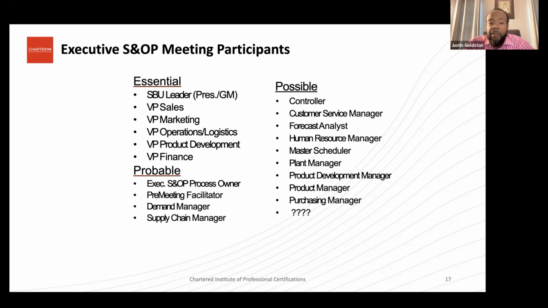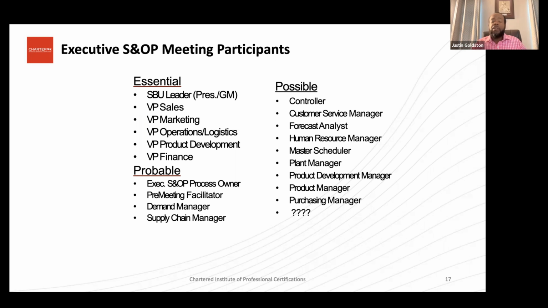For example, we have the demand planner and supply chain planner as probable, but for a small and medium organization, they're very essential because those are the people with the most knowledge of the goings-on of the organization from an inventory perspective, a finance perspective, and a sales and marketing perspective.